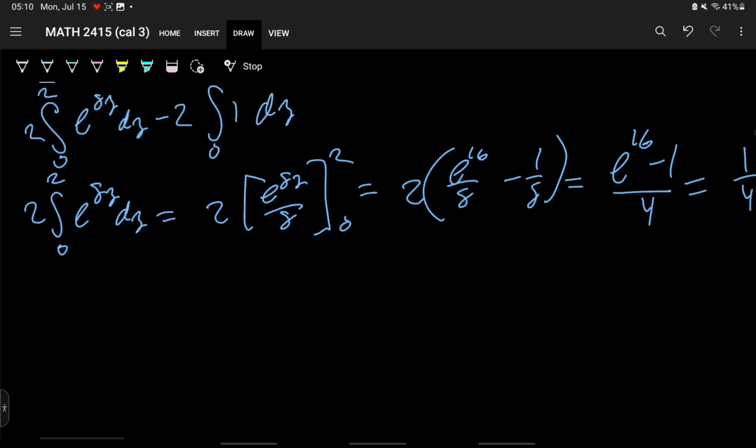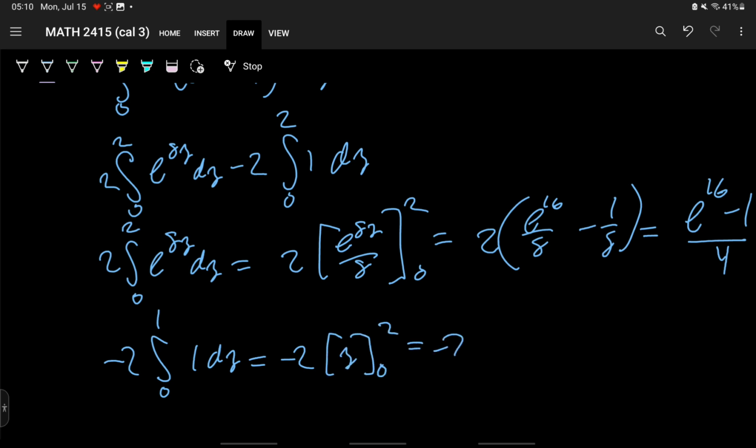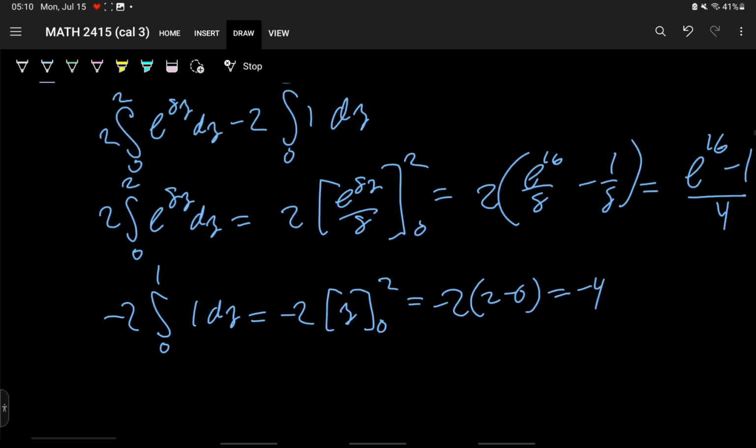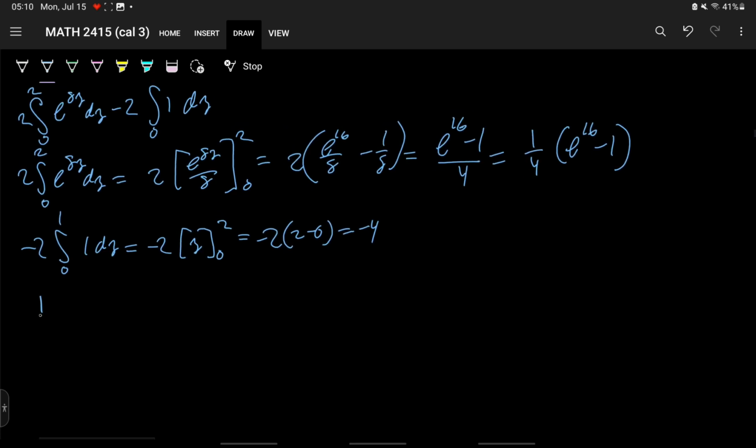And then let's take a look at that second integral. Not write that equal sign. And now if we combine those results, we should be getting 1/4 e to the 16, why did I write that?